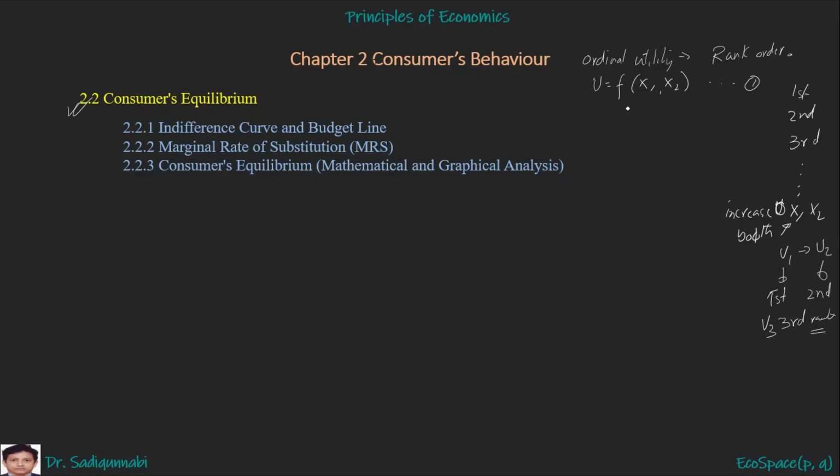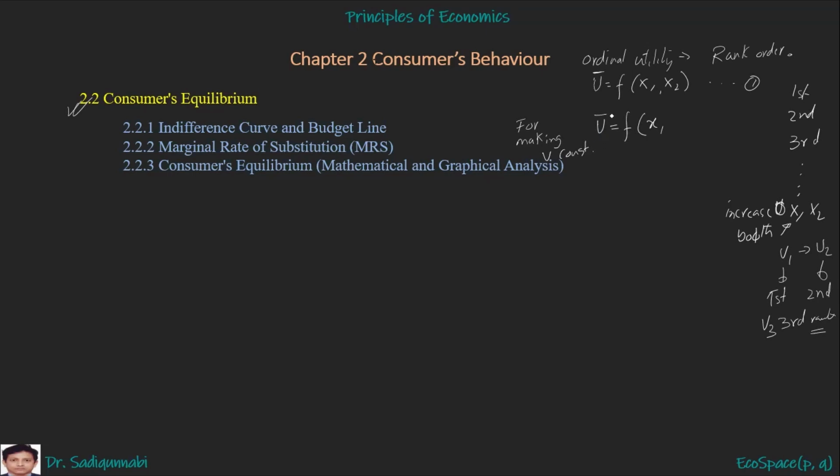Okay, so in order to draw this curve, we need to make one constant. So suppose we are making u constant. In order to make this constant, you have to increase one and decrease the other. Why am I making u constant?